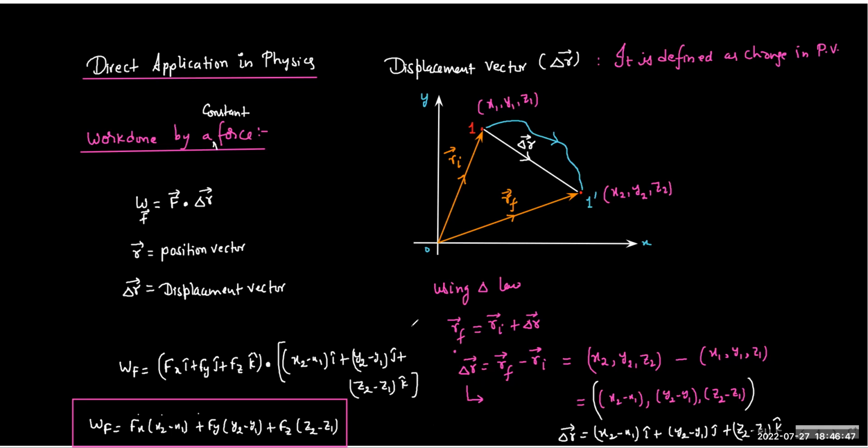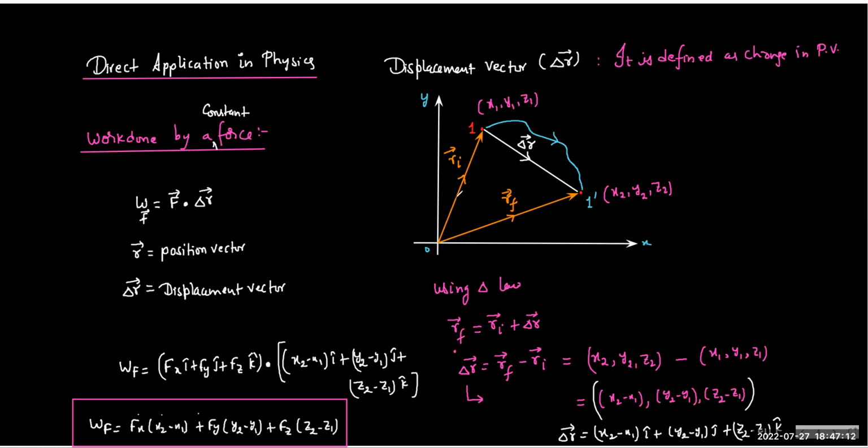So I think your dot is not clear. What is your confusion? Force is a vector, delta r, which is a displacement, is a vector. The dot will give you a scalar, isn't it? And here we don't use AB cos theta.